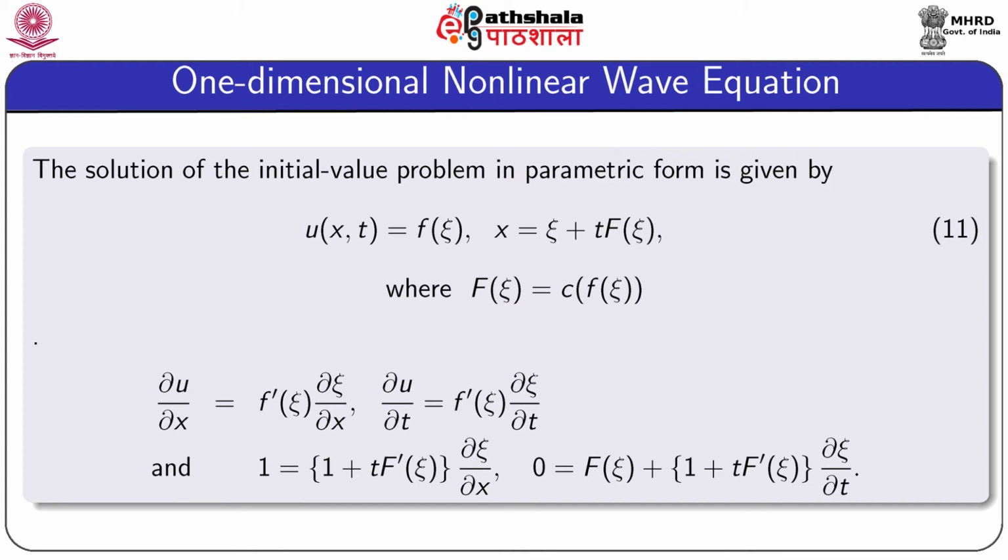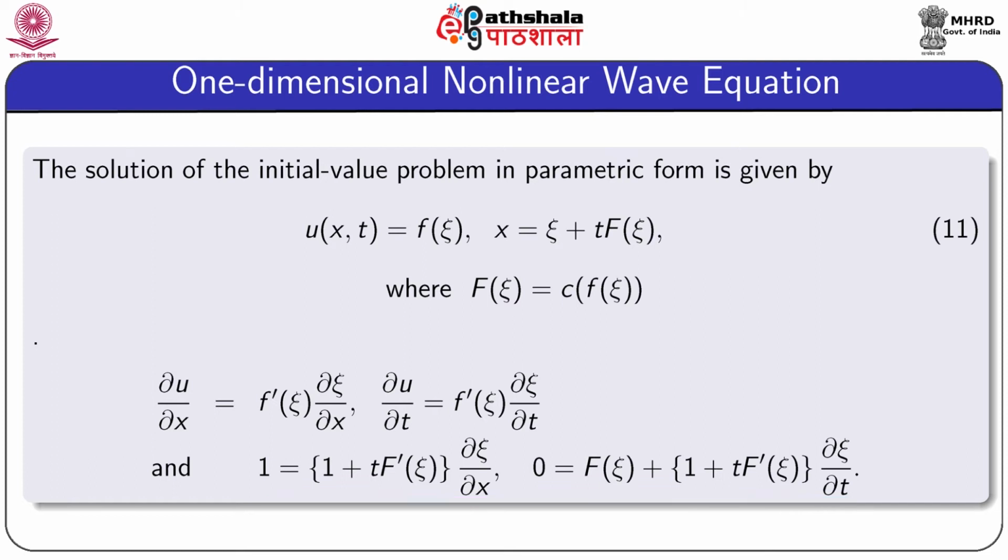So, it gives 1 equals 1 plus t F dash xi into del xi del x, and 0 equals F xi plus 1 plus t F dash xi into del xi del t.